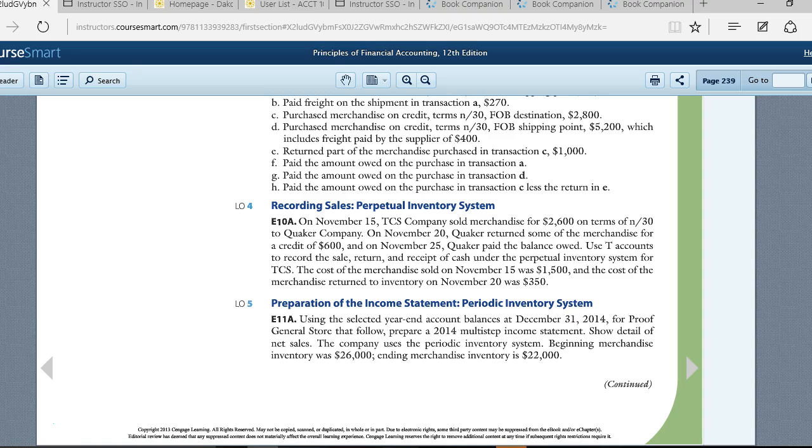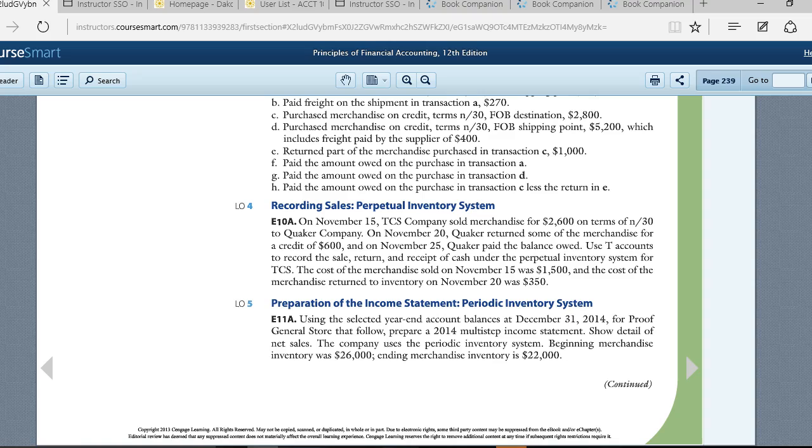Let's look at E11A. Okay? Using the selected year-end account balances at December 31st, 2014 for Proof General Store that follow, prepare a 2014 multi-step income statement.